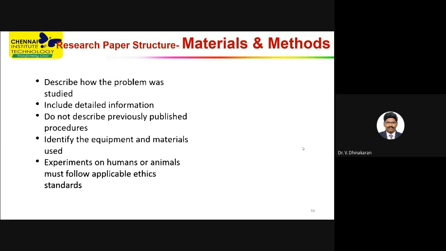But in the materials and methods section, you should say the titanium material has been chosen as the candidate material for carrying out the particular experiments, and the chemical properties of the material are given as X. Don't write the application of the material in the materials and methods section. The application should only be given in the introduction part.